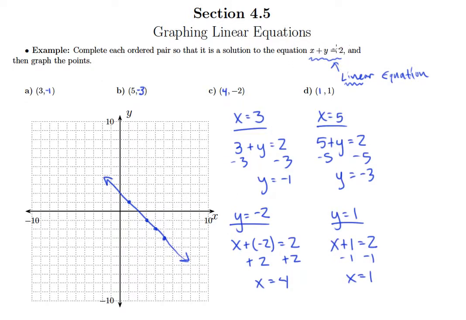If you have a linear equation, solutions will always lie in a line. So what we can say here is that, not just for this one, let me say it right here. The set of all solutions to a linear equation forms a line.